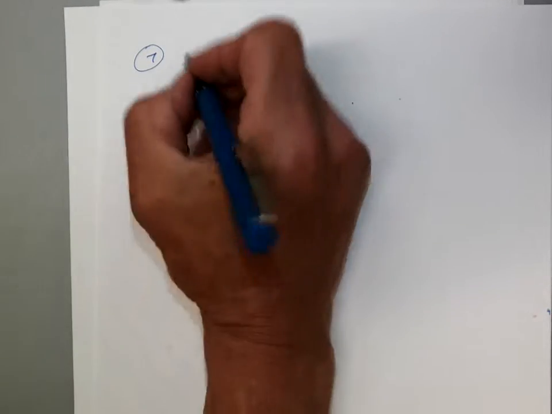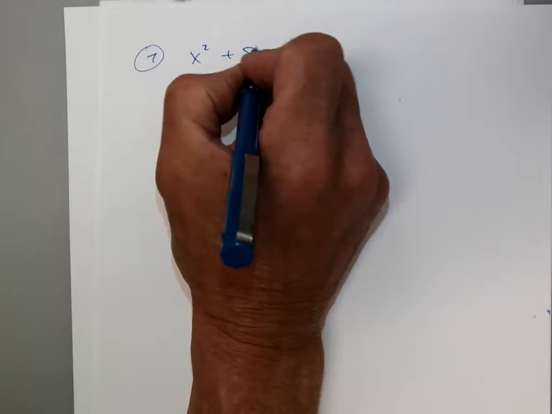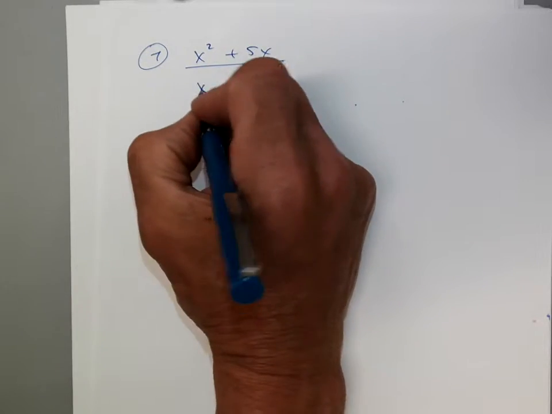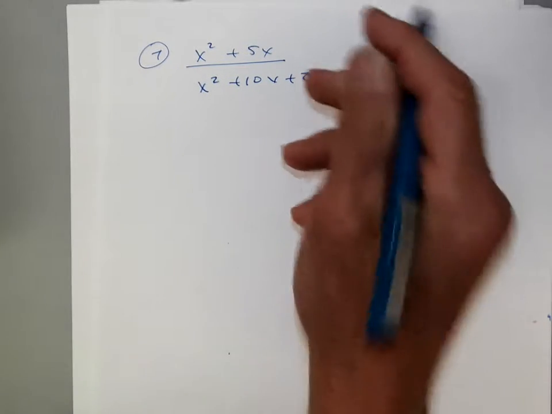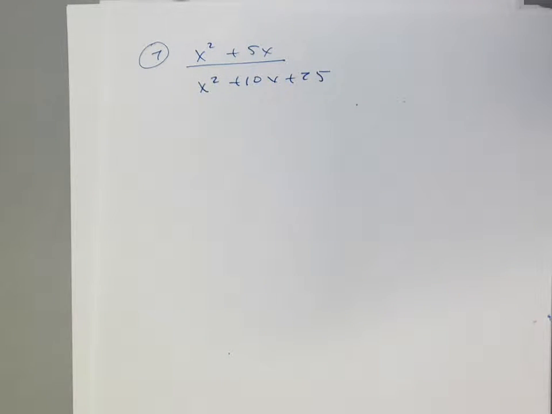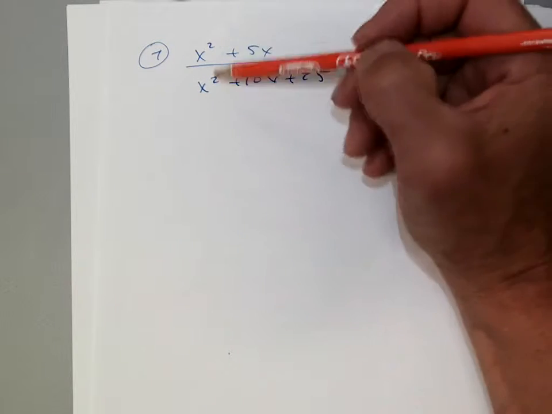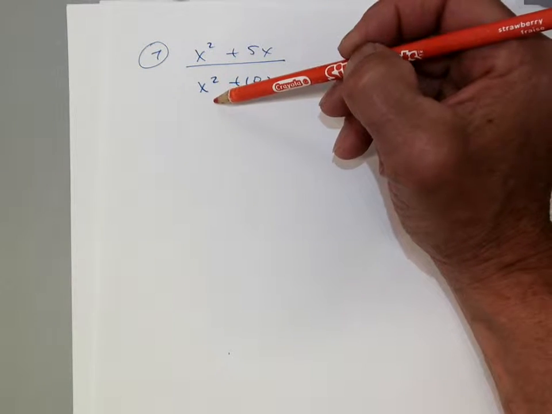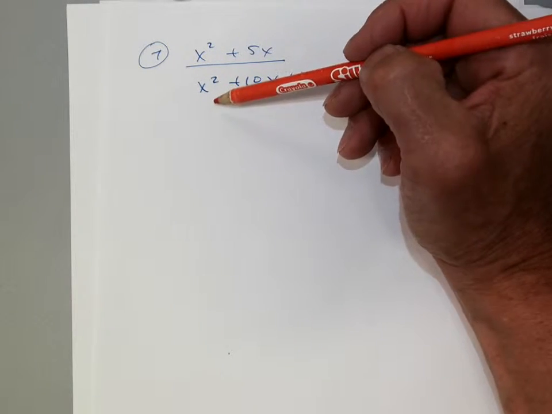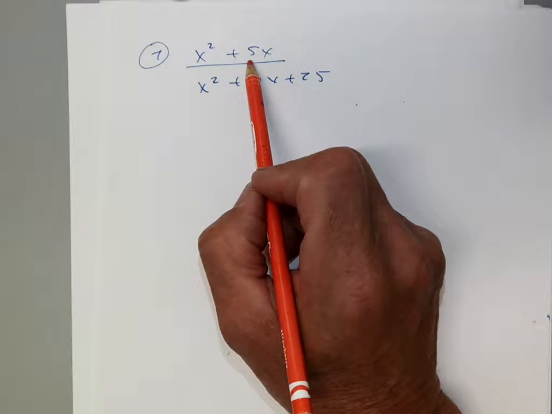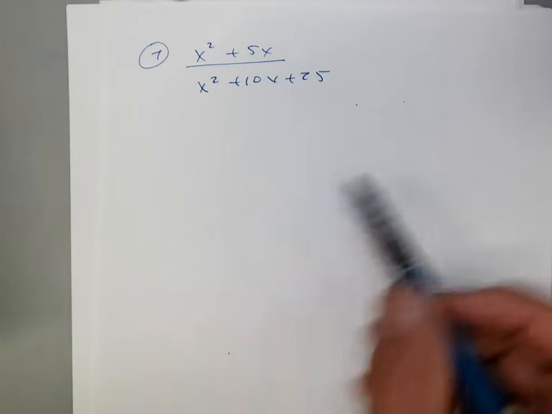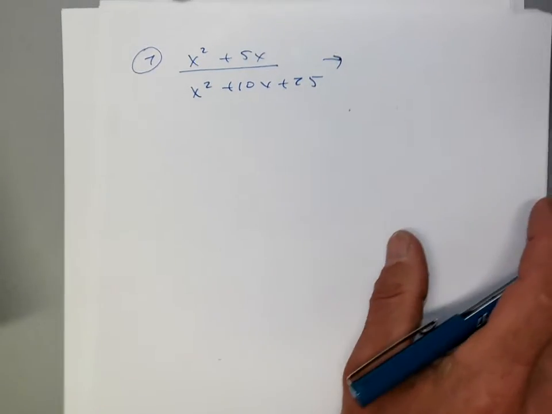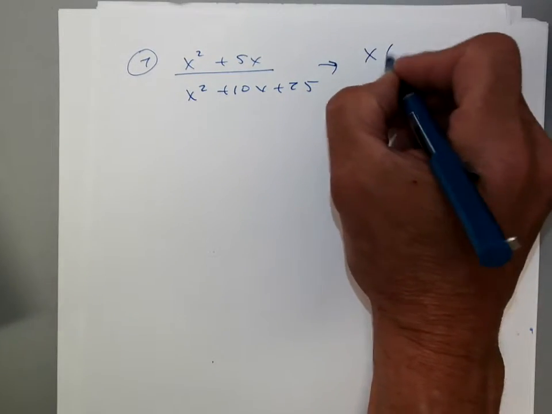7, I've got x squared plus 5x over x squared plus 10x plus 25. Okay, Kylie, do not cancel x squareds. Don't. Because it really has to be x squared plus 5x. So what we're going to do is factor, okay? You have to factor. So I'm going to factor this one into x times x plus 5.